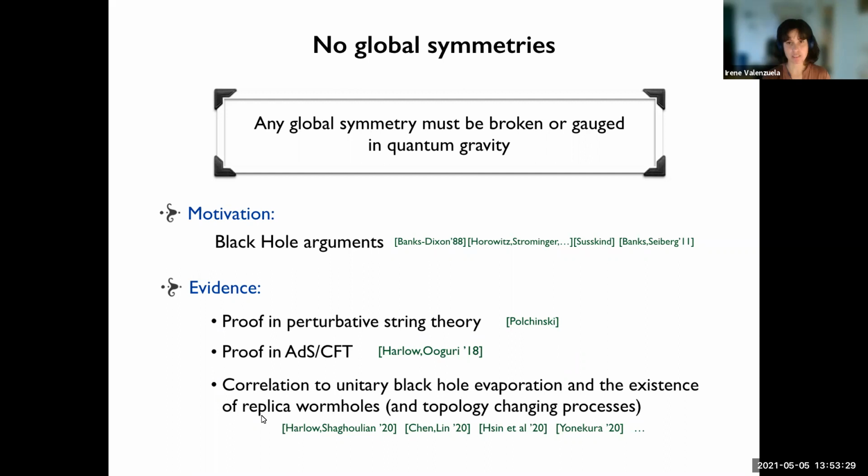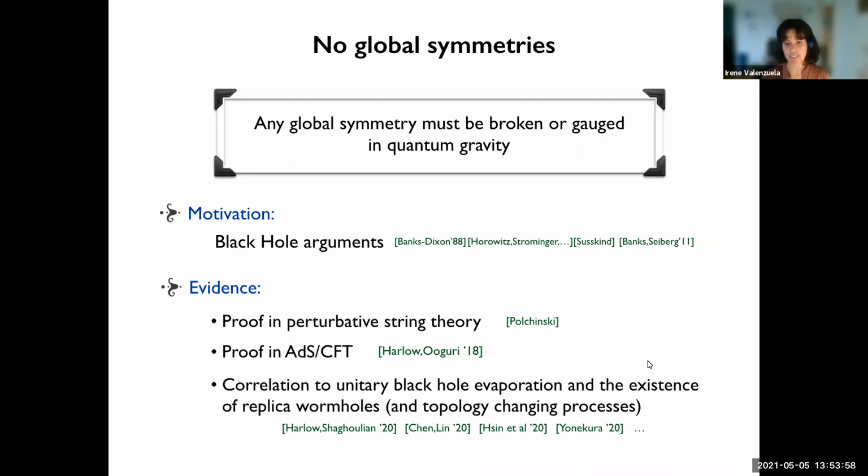third piece of evidence, that people have connected the absence of global symmetries to unitary black hole evaporation. So all these recent developments about reproducing the Page curve and so on are also useful to show the absence of global symmetries, because all these replica wormholes and all these tricks that they use are breaking the global symmetries.